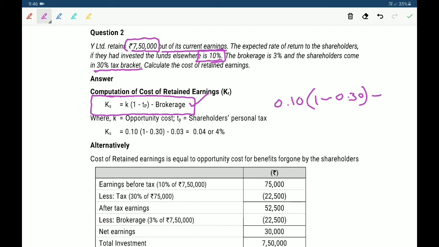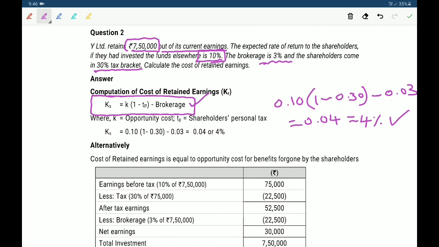The brokerage is 3%, that means 0.03. We get 0.04, also written as 4%.